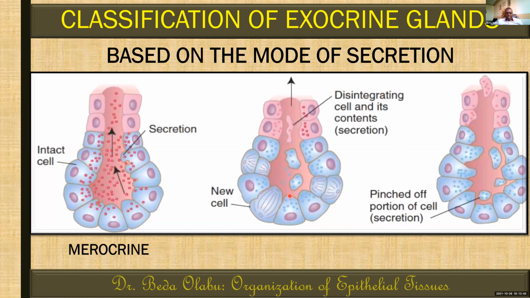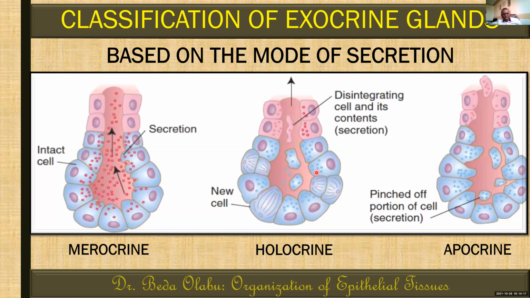There are some glands which release the contents of the secretions, but a part of the cell also disintegrates. When the whole cell disintegrates like this one, we call these holocrine glands. Then when only a part of the cell is disintegrating, we call that an apocrine gland.